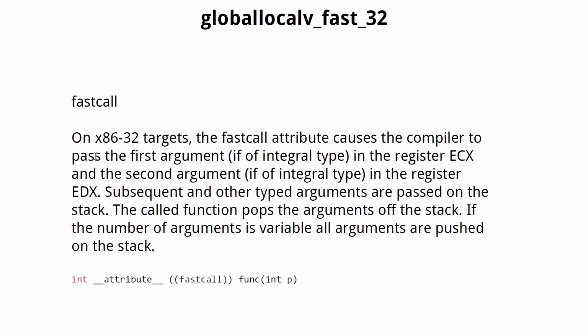So using the stack to pass parameters is not the only way. We can also use registers to pass parameters, and the benefit of that is it will be faster. Registers are part of the CPU, and they're very fast.